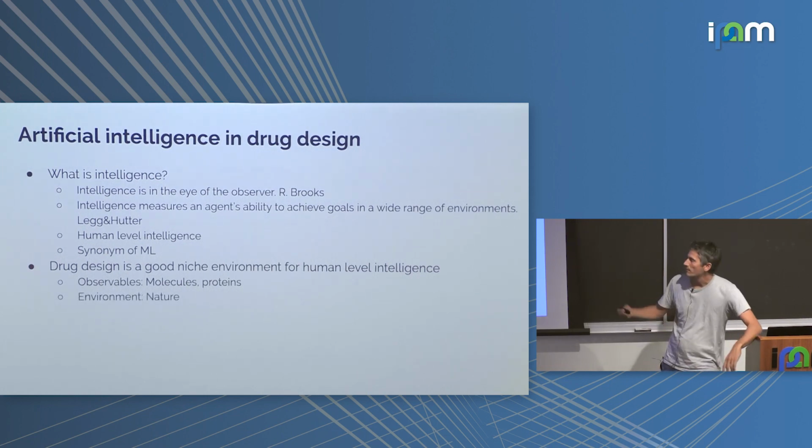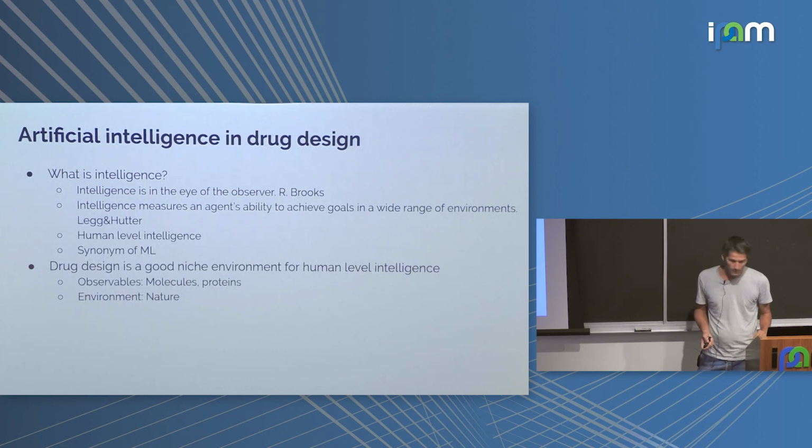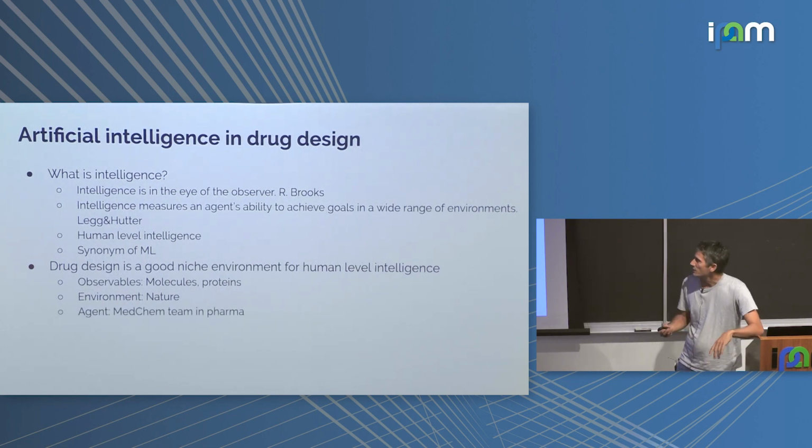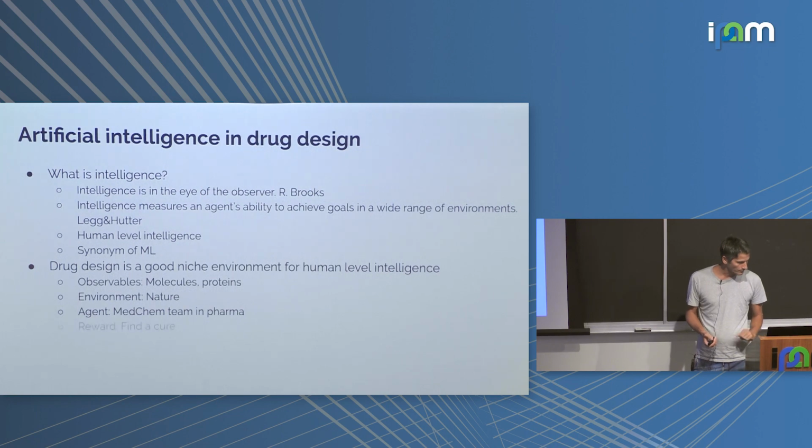There is an environment, which is nature, so you need to make experiments and to see the properties of these molecules. And there is an agent, which is a medchem team, usually in a pharma or a biotech, which tries to be as clever as possible, as rational as possible, in order to get to this drug as quickly as possible and to the best drug.